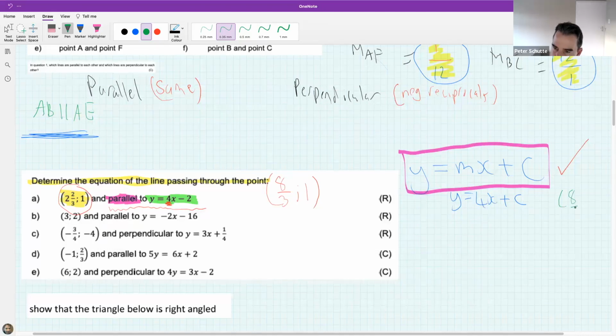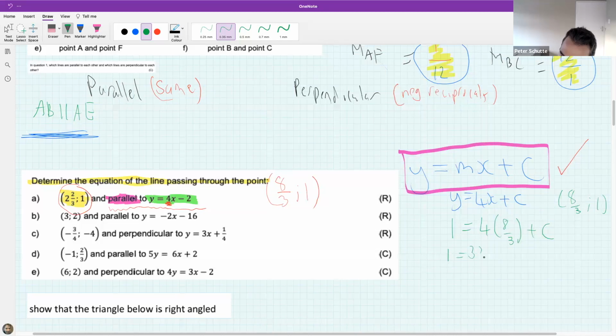So I'm going to write down my (8/3, 1), and I'm going to sub it into this. So 1 where there's a y, and then 8/3 where there's an x, and then 1 equals 4 times 8, which is 32/3, plus c.